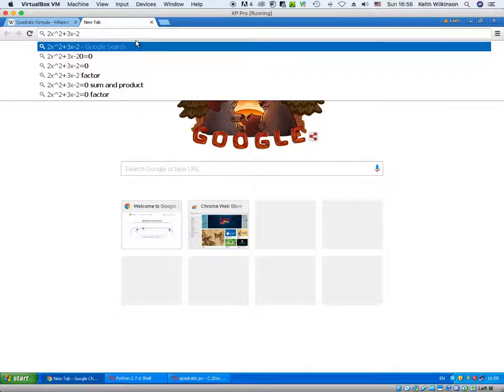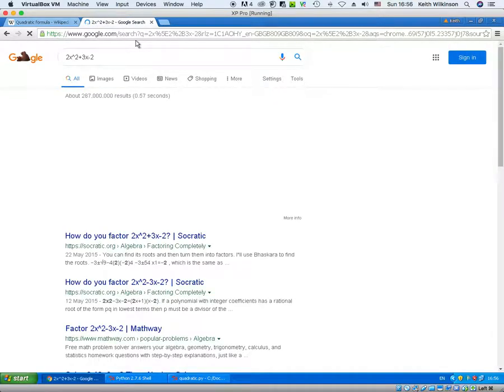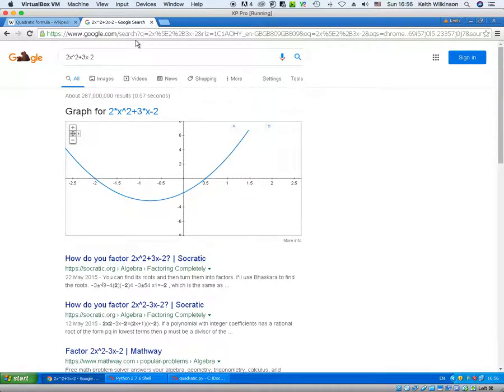So when you do your program, you know from the pictures, from the graph, what the roots are supposed to be. And here's the one I've chosen, 2x squared plus 3x minus 2. So I've got a root here at minus 2, and I've got a root here at 0.5. So they're my two roots, and I will use that information in my program.